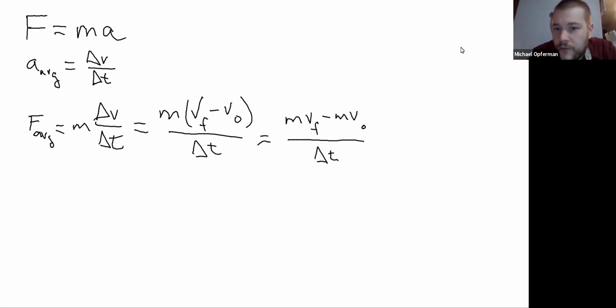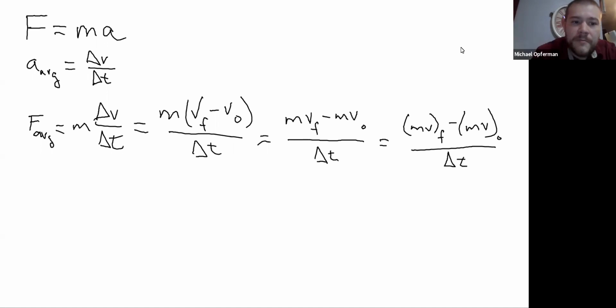And if you want to reinterpret this a little bit, what you can basically say is there's a thing here: m times v in the final state minus m times v in the initial state, over delta t. So let's give this a name. Let's call it P, the conventional choice, equal to mv.